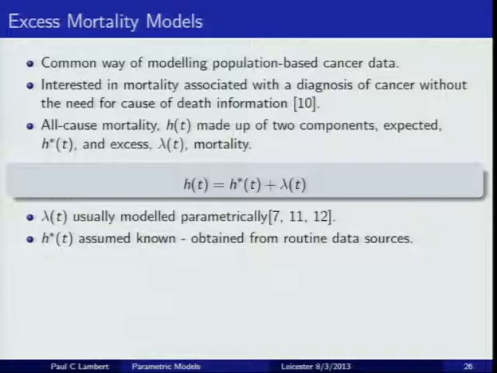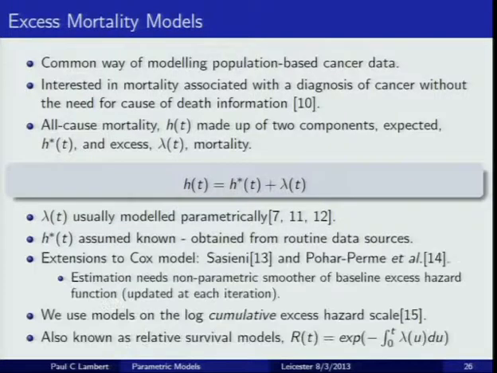Within these models, the excess mortality is usually modeled parametrically. The expected mortality is usually obtained from routine data, published life tables, and it's treated as known. So it's like a competing risk problem, but with one of the risks where we assume we know the underlying mortality rate.